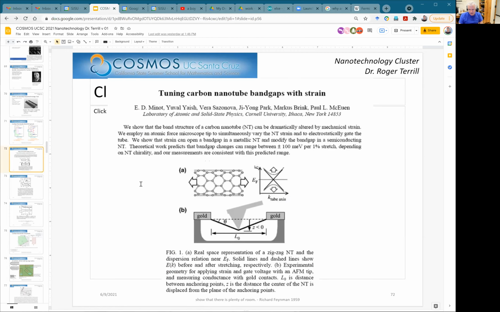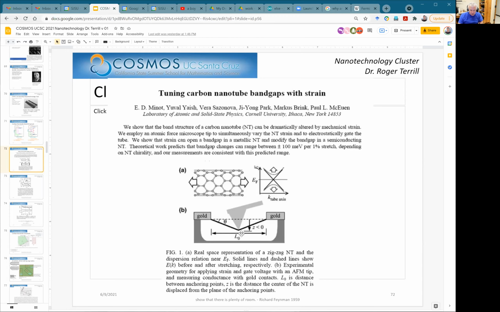And somebody managed to get a zigzag tube to be stuck between two gold protuberances over an etched out pit in a silicon dioxide substrate. So this is gold, silicon dioxide around here. This is vacuum, right? And they could actually see this nanotube using the tip of what's called an atomic force microscope. So the atomic force microscope is exactly what is described here, even though the scale is completely wrong.